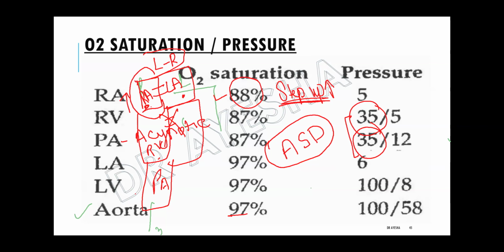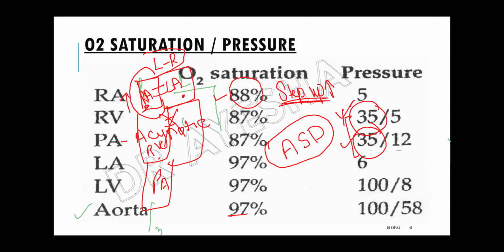Now you have to explain the pressures as well. We all know that any disease with a left to right shunt makes the right side receive more blood. If the right side receives more blood, it has to pump against more blood, and the pressure will gradually increase.